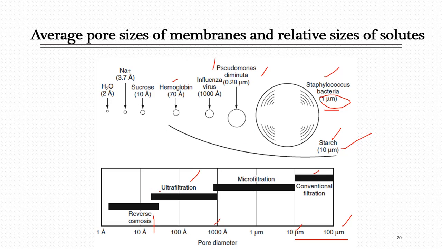And then there was ultrafiltration, microfiltration, and there was nanofiltration here. If you remember, that has a size of 1 angstrom to 10 angstrom. Reverse osmosis also lies in the same range. So small molecules with small diameter, like sucrose as well as sodium and water, can all be separated in nanofiltration and reverse osmosis membranes.